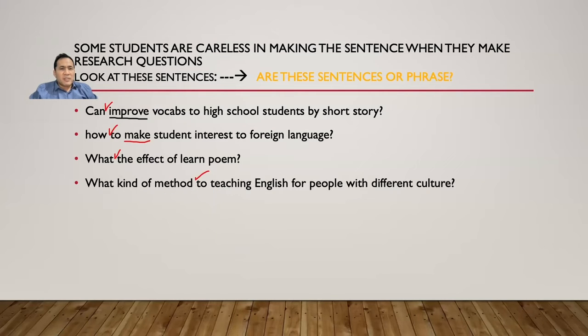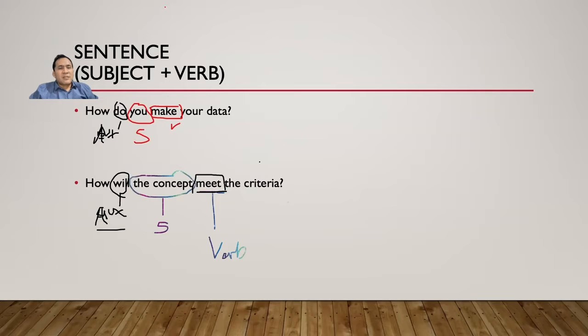What I mean by complete sentence is that the question should be in the form of a complete sentence. So be careful. Some students make mistakes on things like grammar, or even their sentence is not a complete sentence when they ask questions. Remember that asking a question in this case means a real question, a complete sentence. For example: how do you make your data?